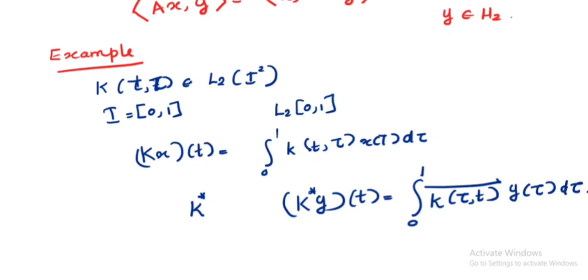This is what we have to prove. The operator Kx of t is defined as the integral from 0 to 1 of K(t, tau) x(tau) d tau, and we have to prove the operator K star is defined like this. So, moving to the proof.